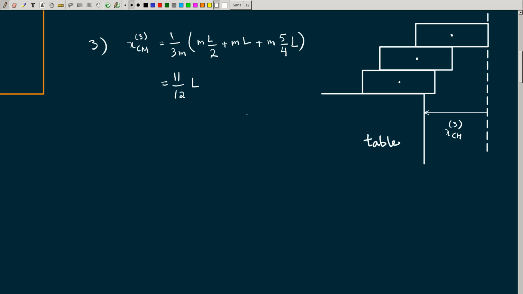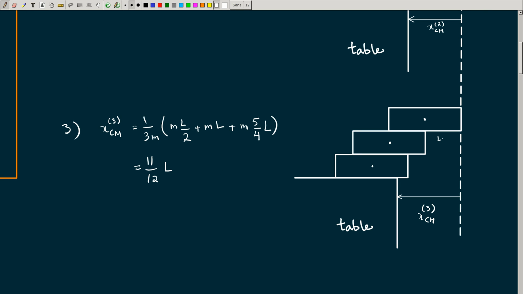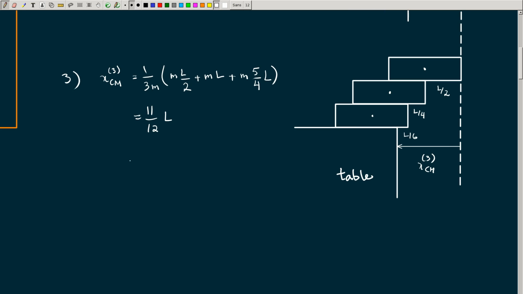Alright, now let me tell you that this distance from here to here is L over 2, this distance is L over 4, and this distance from here to here is L over 6. So you can see that XCM3 is L over 2 plus L over 4 plus L over 6. So for n you can now generalize.